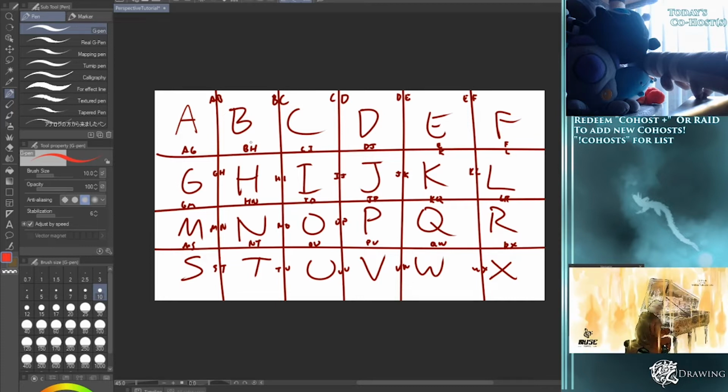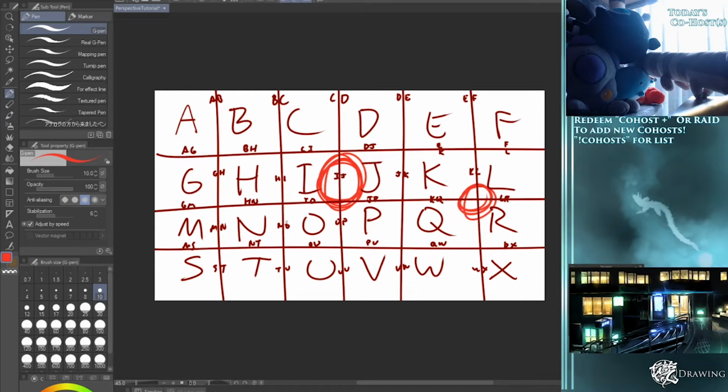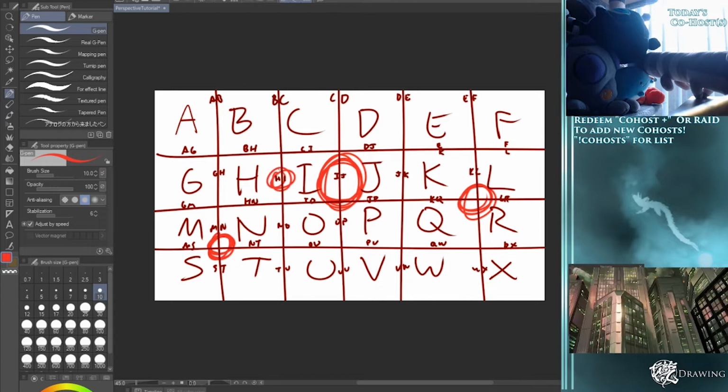For example, what if we put our focus here at IJ? Is that going to be better than putting it at, say, LQRK, or even NSTM? Not the center, but why? Why high? Doesn't give much flow, maybe if you're on one of the sides. Now you're getting the idea.